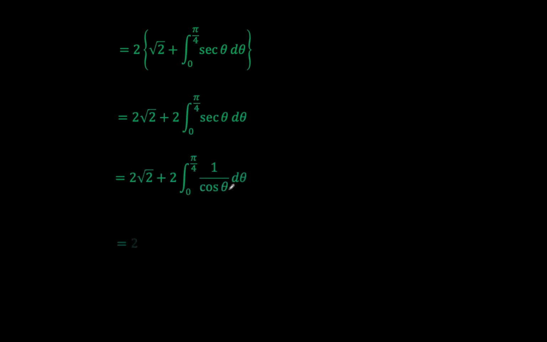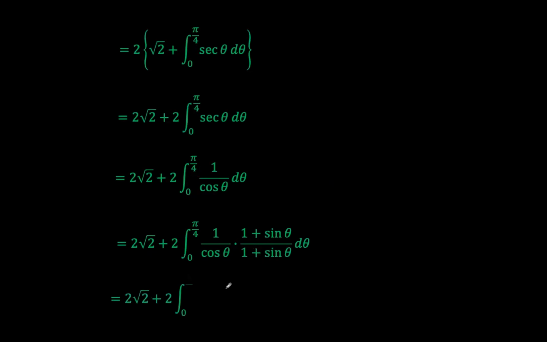And then what we can do is multiply the denominator and the numerator with 1 plus sine theta, right? Because when you really look at this, you can cancel this and still be left with 1. And when you multiply this across, we have 1 plus sine theta over the product of 1 plus sine theta and cosine theta. Now 1 is the same as cosine squared theta plus sine squared theta.